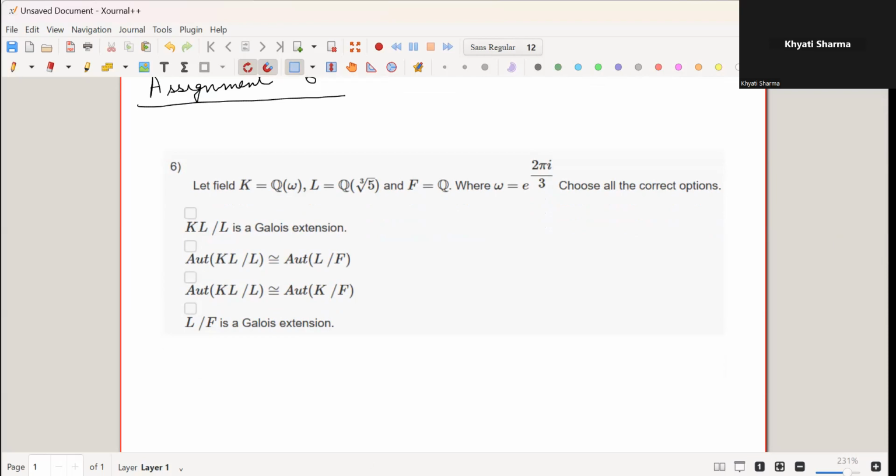KL is the smallest field containing K and L. A Galois extension is an extension that is normal and separable. Normal means it is the splitting field of a certain collection of polynomials, and separable means for each element, the minimal polynomial of that element has distinct roots in any extension of the field.